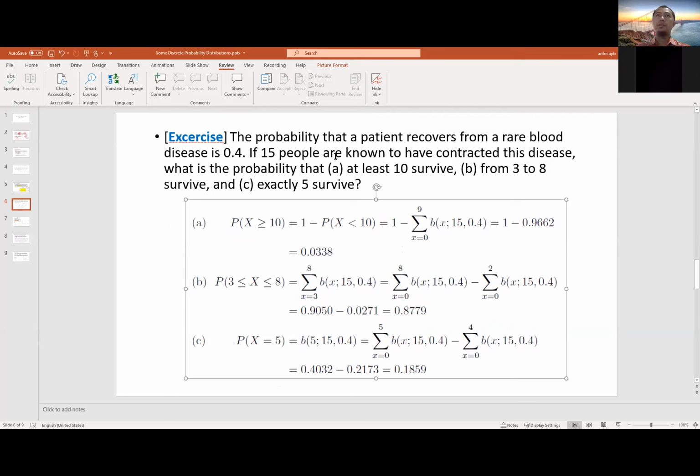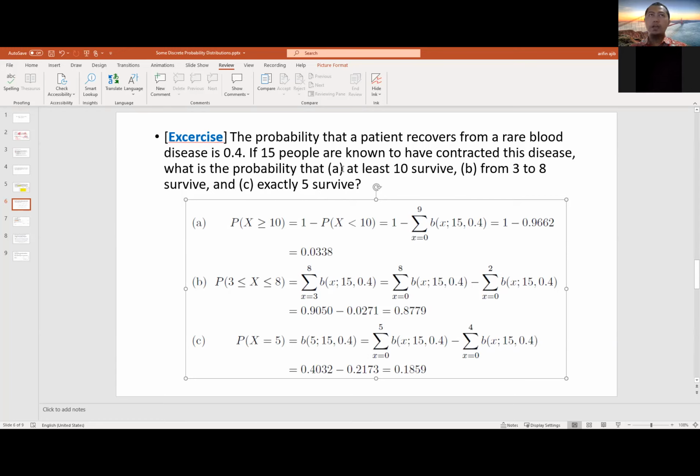If 15 people are known to have contracted the disease, what is the probability that at least 10 survive? Then B, 3 until 8 survive, and C, exactly 5 survive.